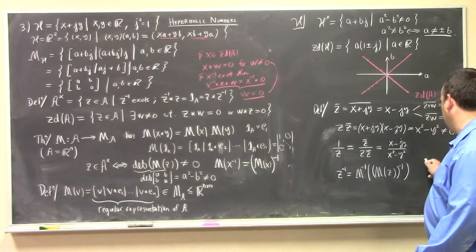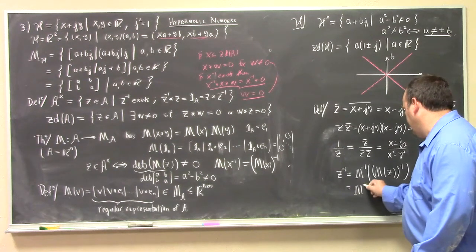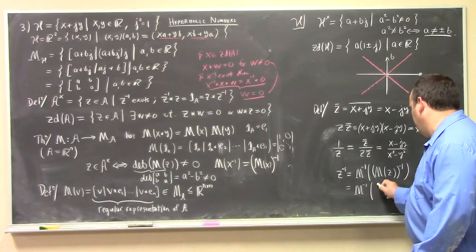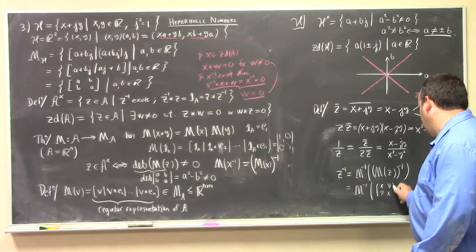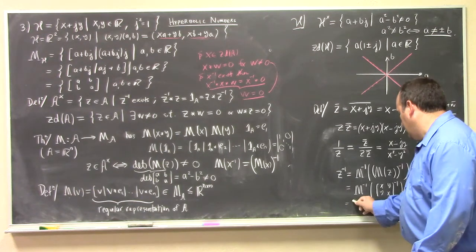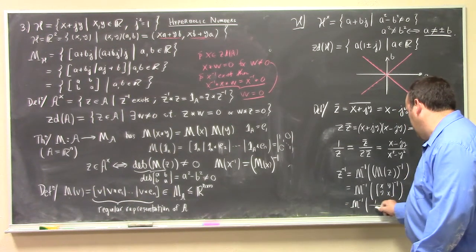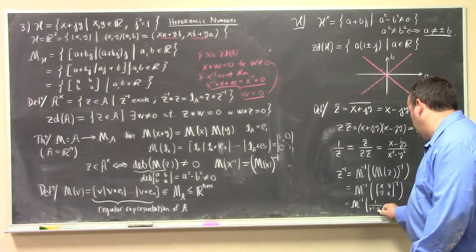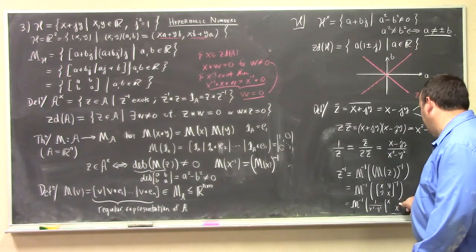So the matrix of Z would be x, y, y, x, right? You've got the inverse of a 2 by 2 matrix. We know that. The inverse of a 2 by 2 matrix is 1 over the determinant, which here is x squared minus y squared. Flip the diagonals. Nothing to flip here. Minus is on the off diagonal, right?